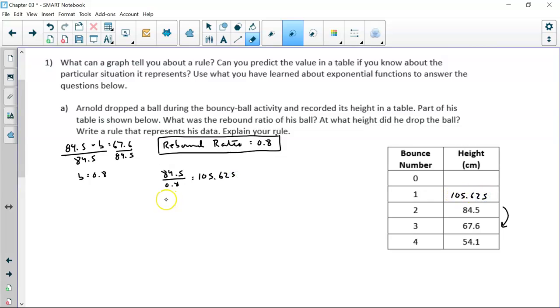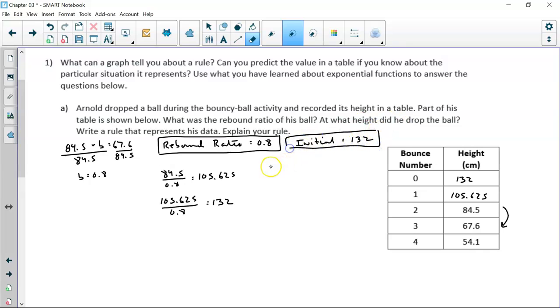We've got to go back again. So it's 105.625 divided by 0.8 because we're going backwards. And that's going to be about 132. So there's our initial, and that's going to be 132.